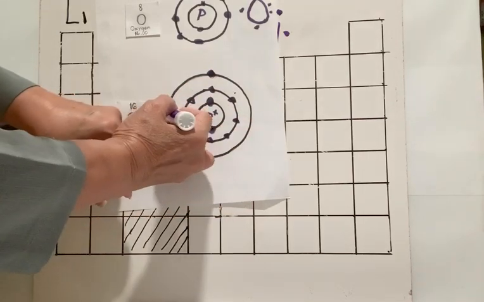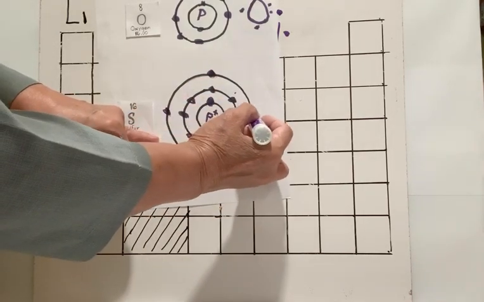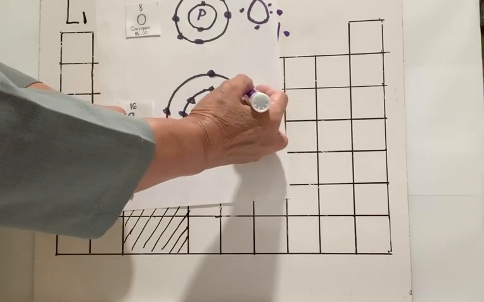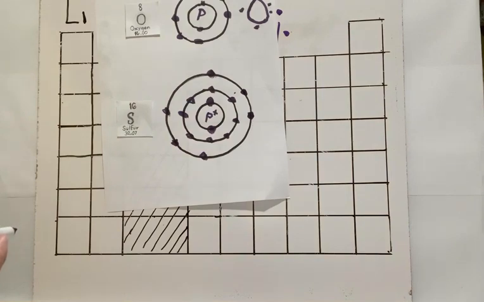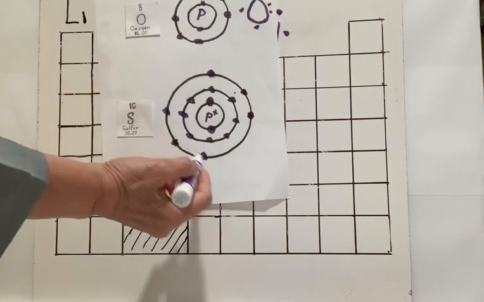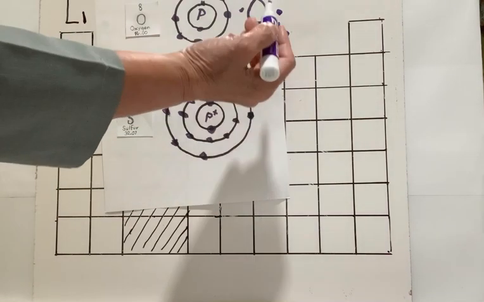1, 2, 3, 4, 5, 6. 16. And how many valence electrons? 1, 2, 3, 4, 5, 6. Like oxygen, 6, right?